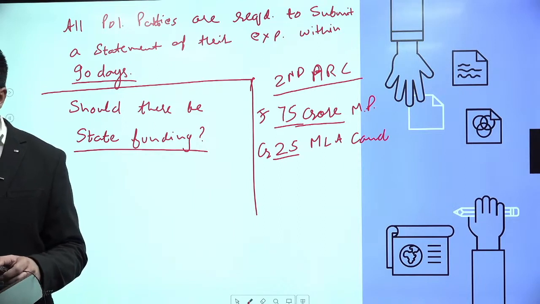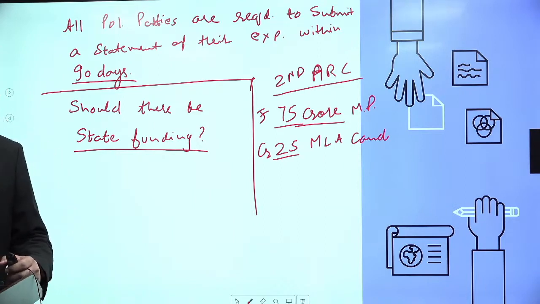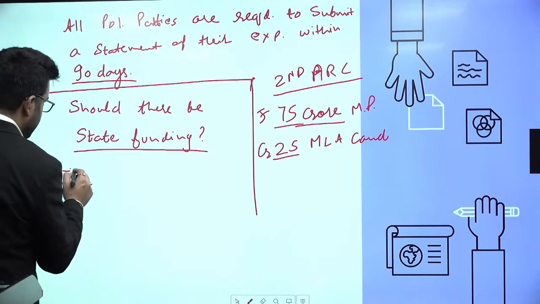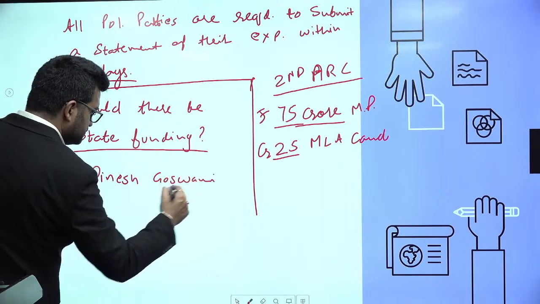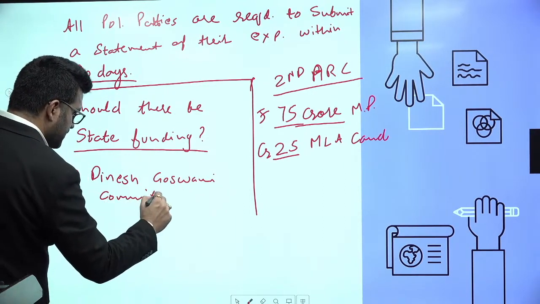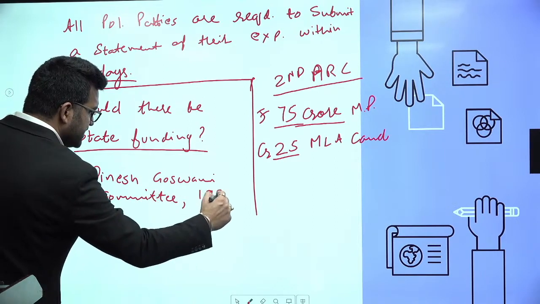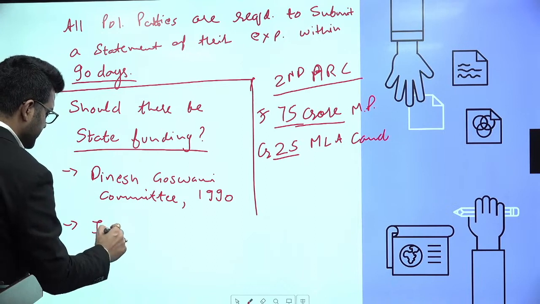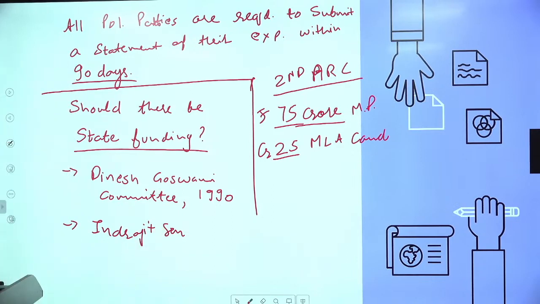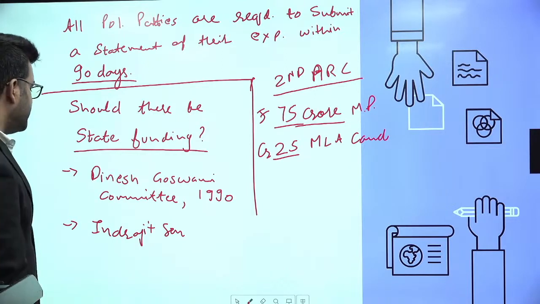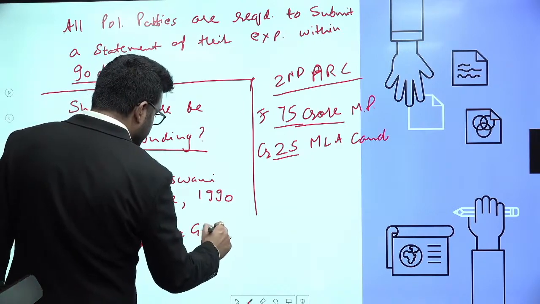Okay, so Dinesh Goswami committee number 1. So first committee was Dinesh Goswami committee. Dinesh Goswami sir was the law minister in 1990. ठीक है. Then Indrajit Gupta committee, 1998. इंद्रजीत गुप्ता ही कहेंगे, सेन नहीं कहेंगे.